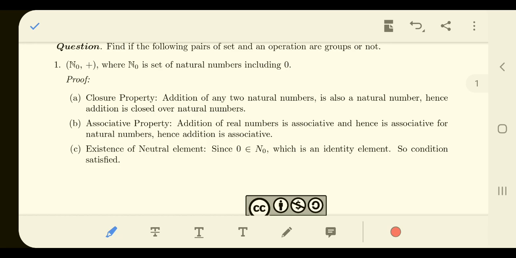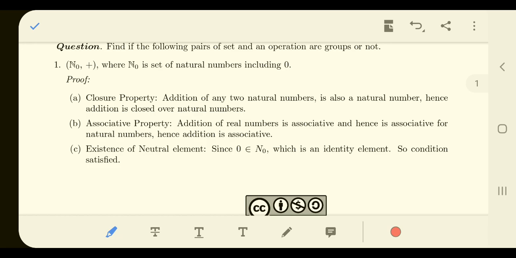Now talking about the condition of the neutral element, since we have already included 0, you can see that 0 is the identity element with respect to addition in natural numbers. If you take any natural number and add something to it, you again get the same natural number back. For example, if you have 2 and add something to it, it should result in 2. What could that be? It should be 0, right?